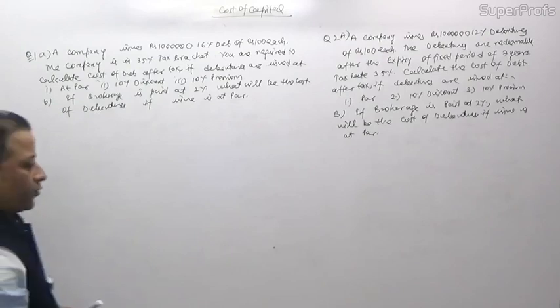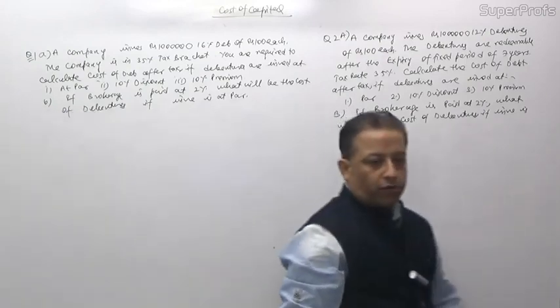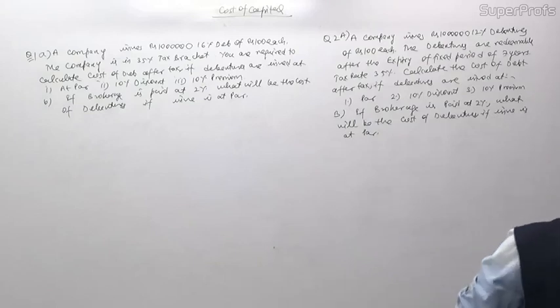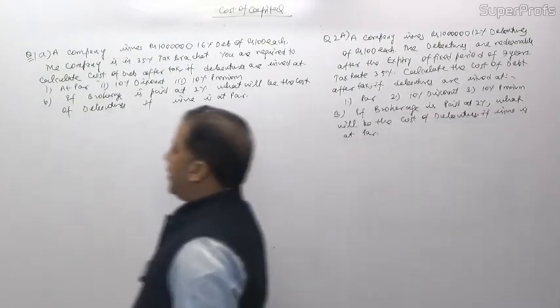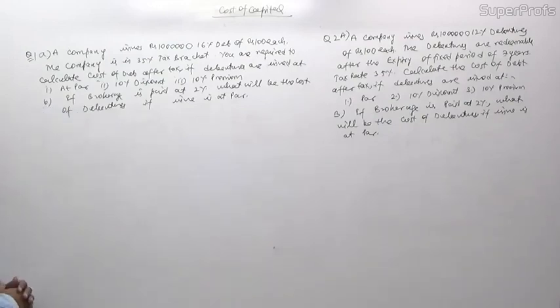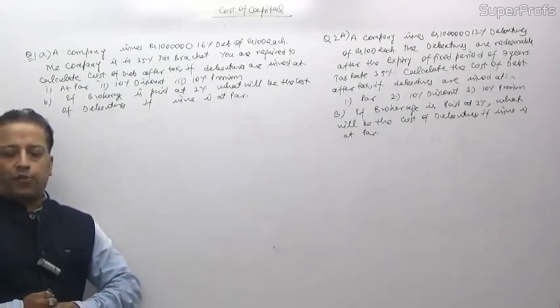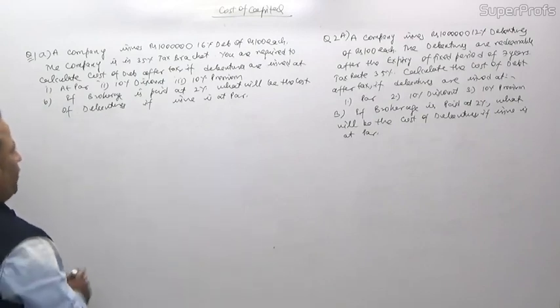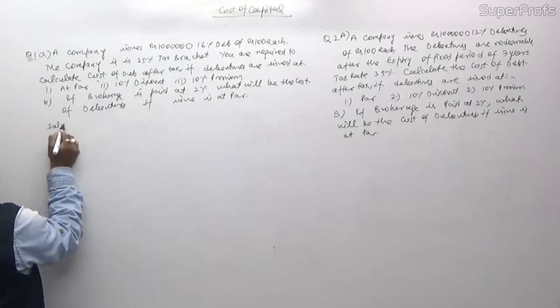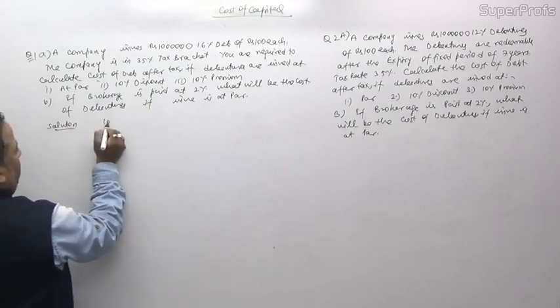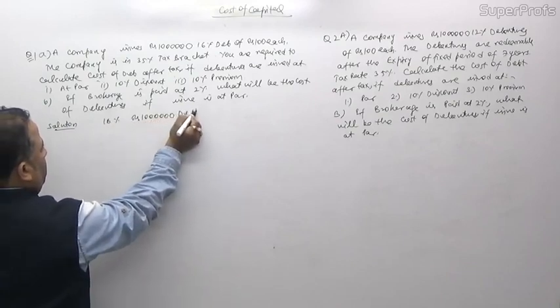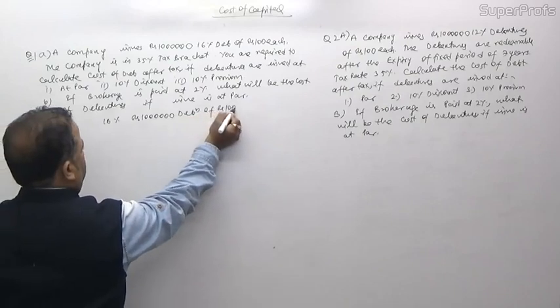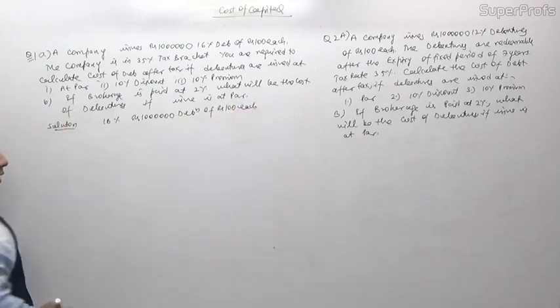The first question is based on the cost of non-redeemable debt. A company issues rupees 10 lakh 16% debentures of rupees 100 each. The tax rate is 35%.